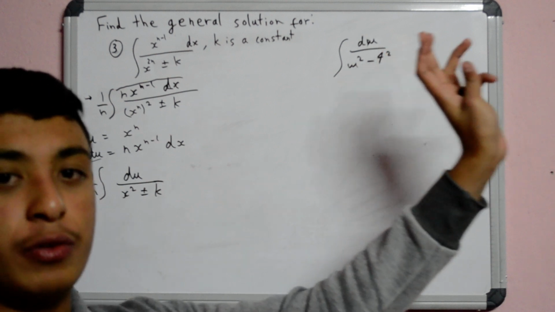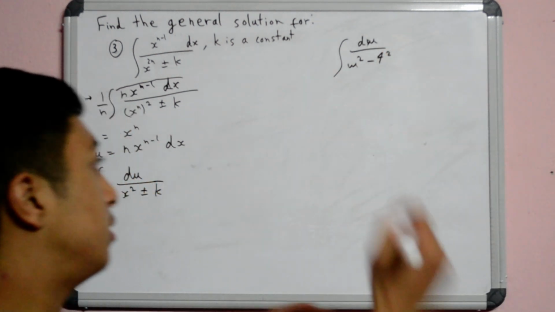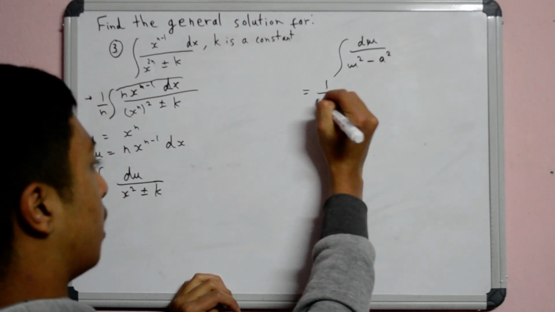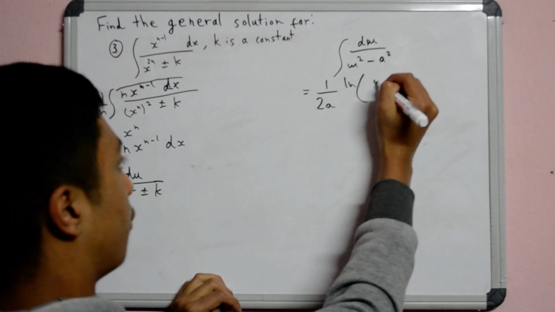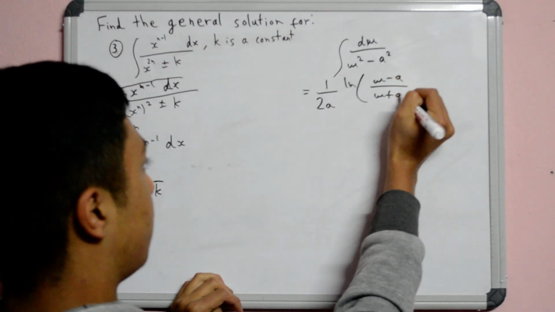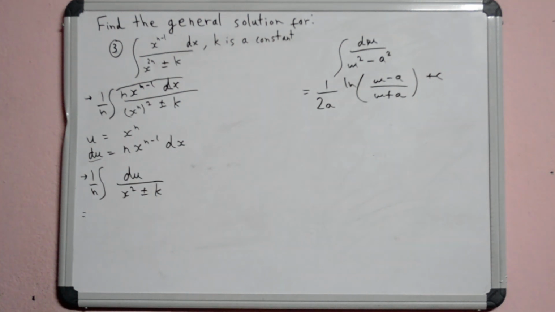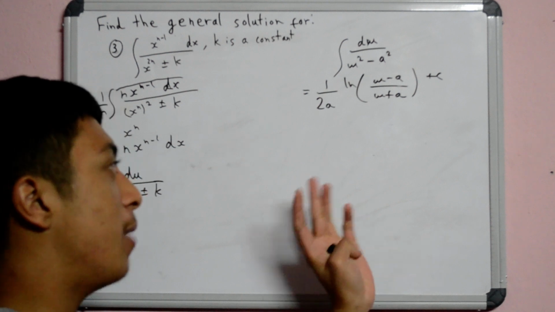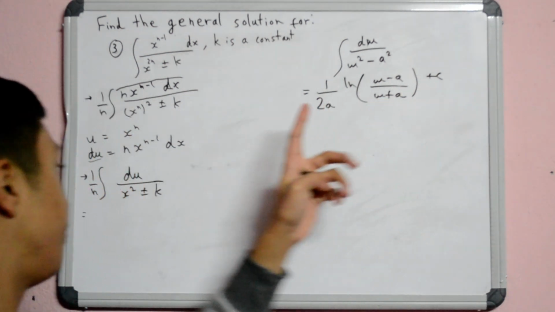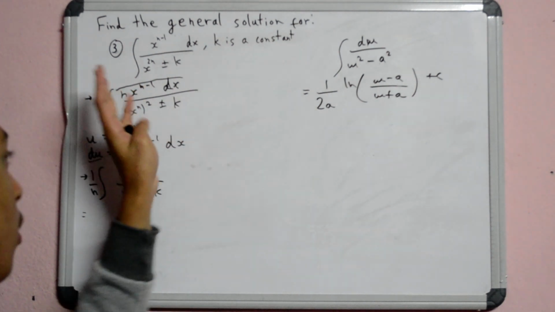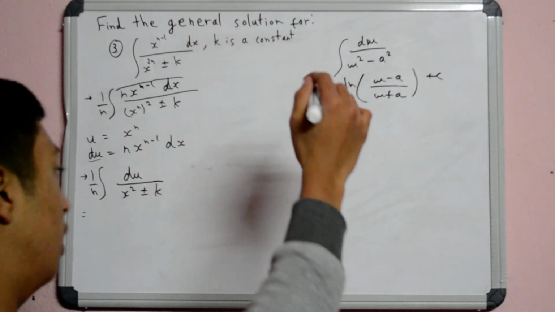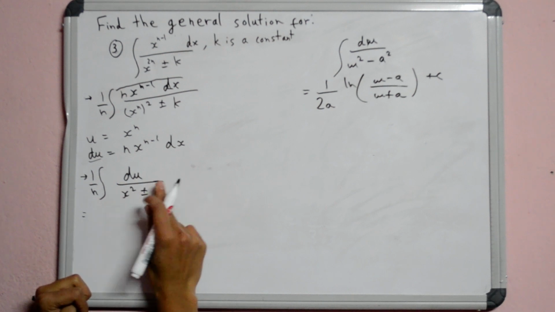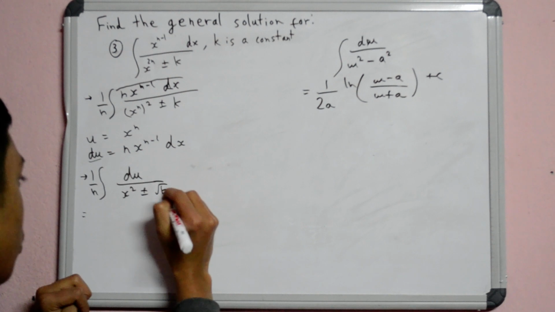Now the solution for this, we have a formula, which is, let's say this was a square, it would be 1 by 2a log natural of w minus a by w plus a plus c, of course. And if it was positive, we would have the previous answer, the 1 by a tangent inverse of x by a, or w or z or u or anything, but that is our formula. And we can rewrite k as root k whole square.